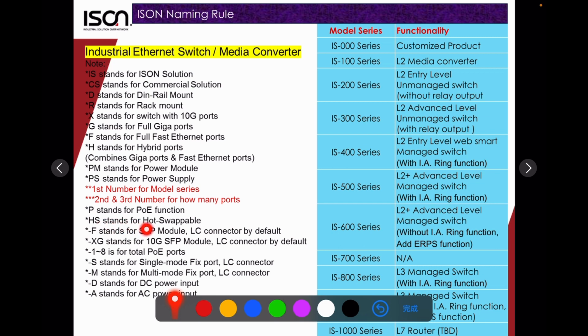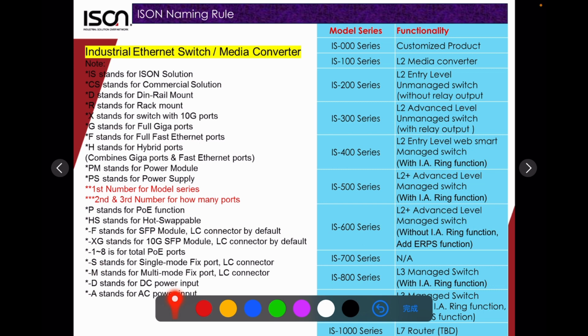HS stands for hot swappable. -F stands for SFP module, LC connected by default. -XG stands for 10G SFP module, LC connected by default. -1 to -8 is for total PoE ports.